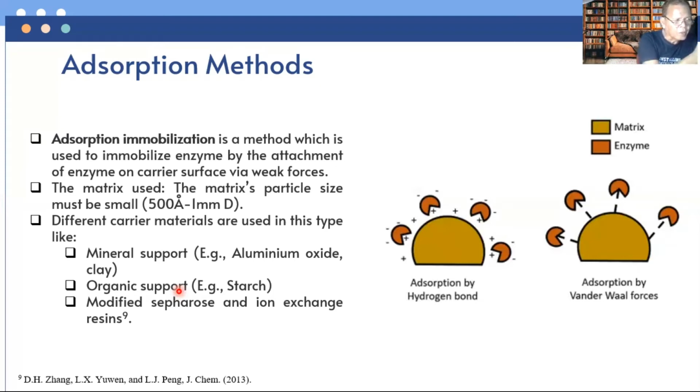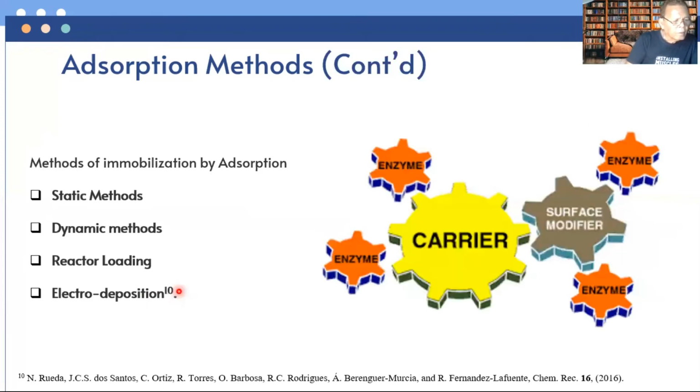In discussing this adsorption method, there are several methods for immobilization by adsorption. A static method is efficient but time-consuming. It involves immobilization of enzyme and carrier molecule without agitation.